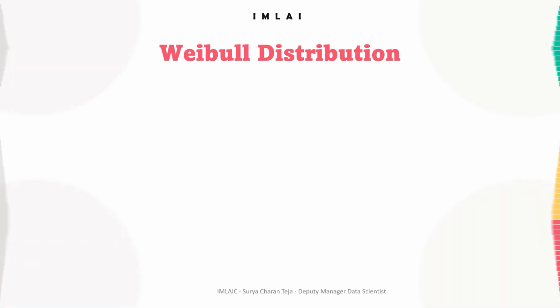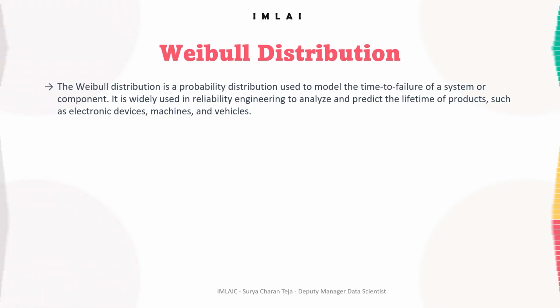The Weibull distribution is a probability distribution used to model the time to failure of a system or component. It's widely used in reliability engineering to analyze and predict the lifetime of products such as electronic devices, machines, and vehicles.